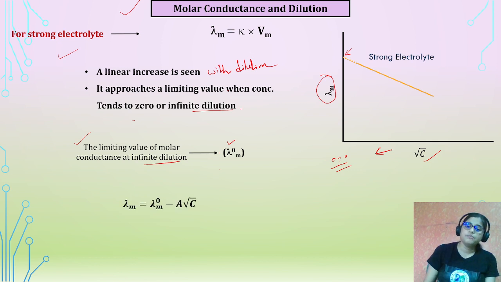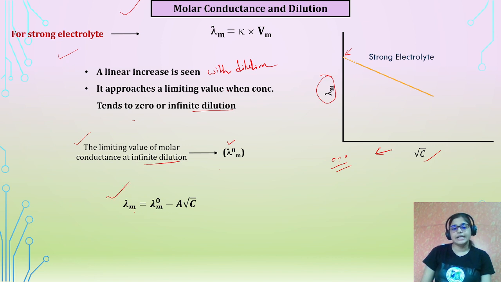Now how did this graph actually come? We know that, in a strong electrolyte case or weak electrolyte, molar conductance increases with dilution. But how does it increase? From where did the linear equation come?